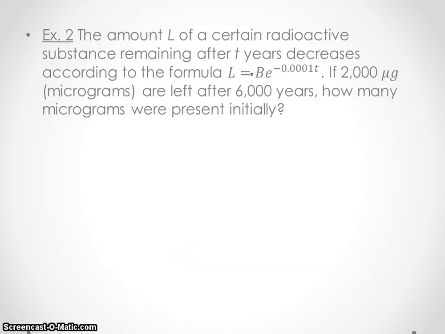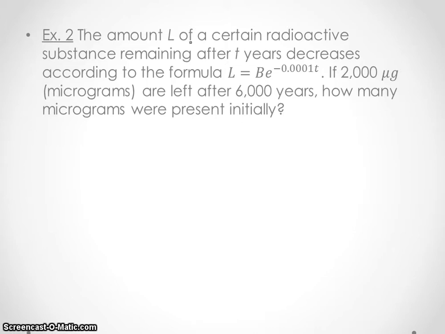E is still the number 2.718, etc. It's the same E, just a different formula. If 2,000 micrograms, that's a mu, a Greek symbol, are left after 6,000 years, how many micrograms were present initially?